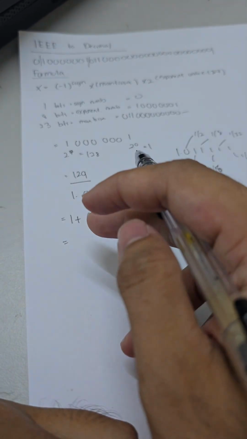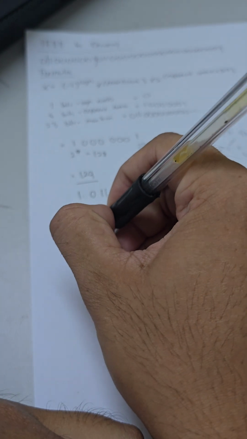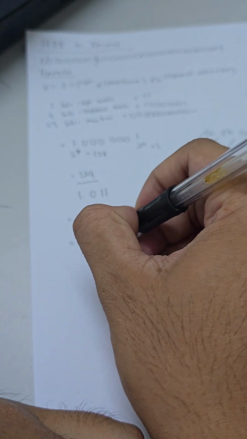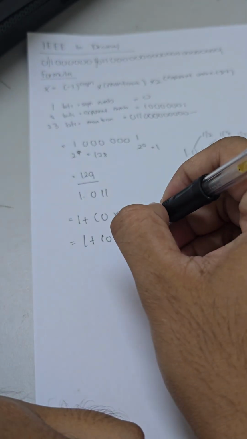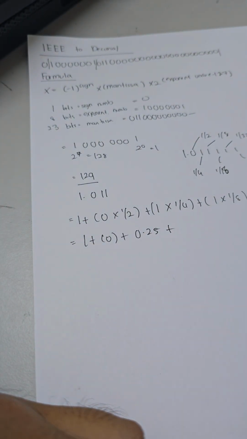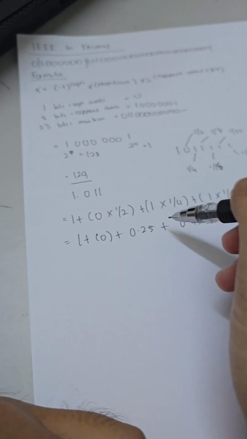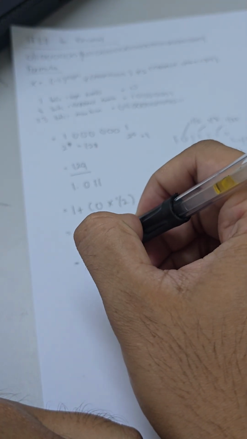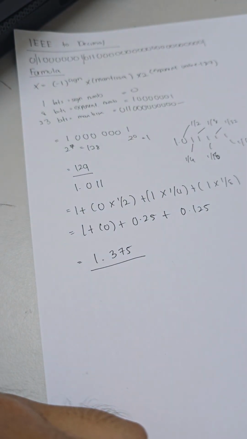For our example, 1 plus 0 times half is 0, 1 times quarter is 0.25, plus 1 times 1 over 8 is 0.125. We add up all these numbers and get 1.375. This is our mantissa number.